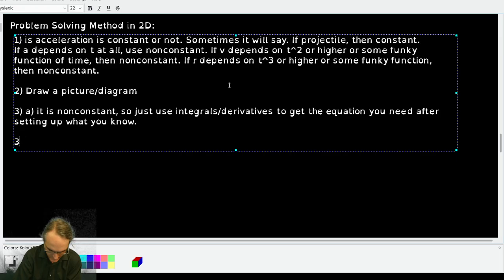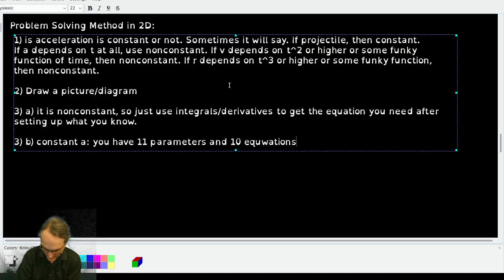Or you could have the 3b case, constant acceleration, in which case you'll have 11 parameters and 10 equations that relate them.